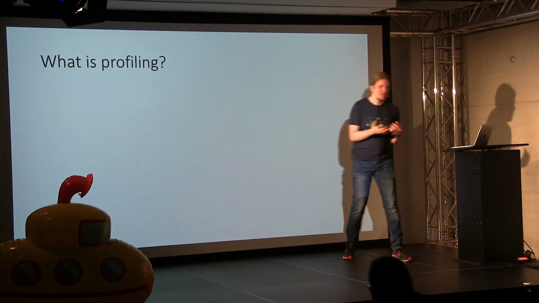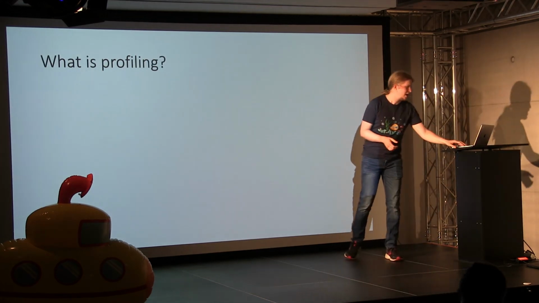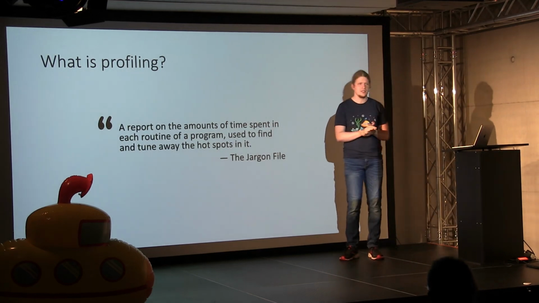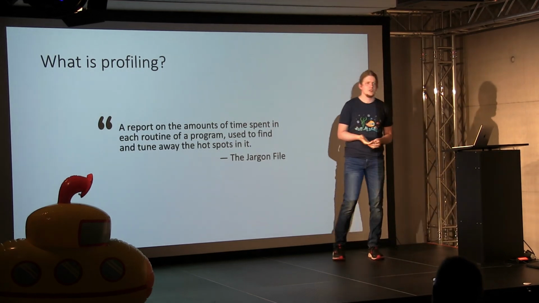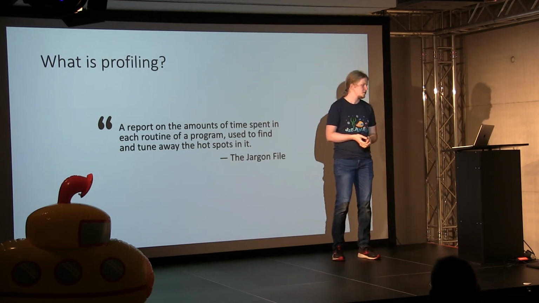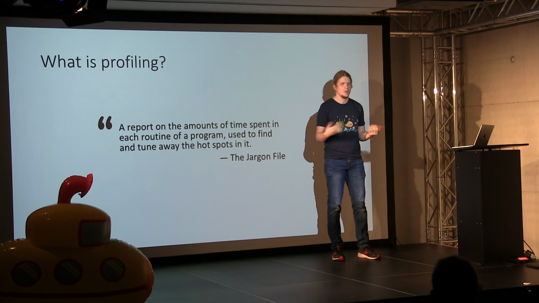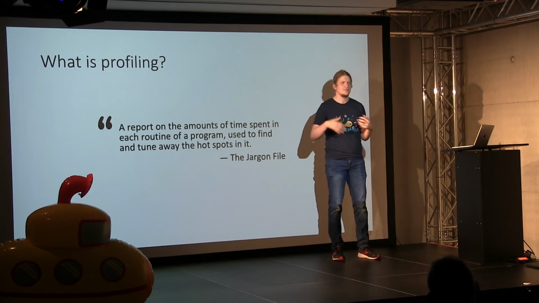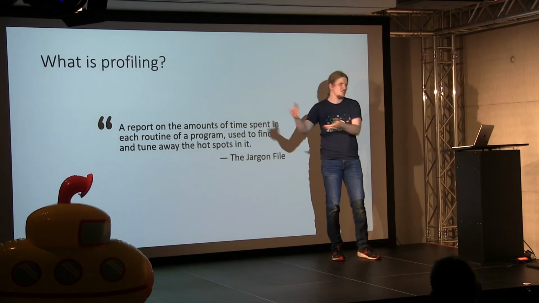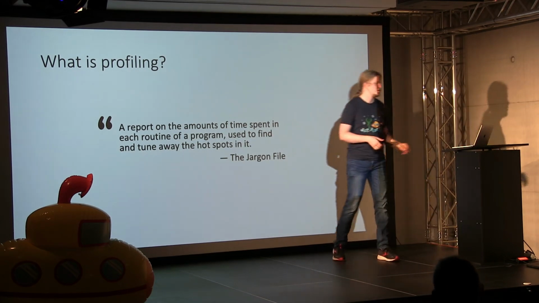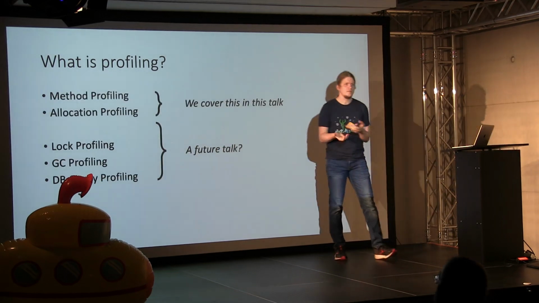So now the basic question was profiling, and I chose a definition from the Jargon File, in which someone wrote: it's a report on the amount of time spent in each routine of a program, used to find and tune a hotspot in it. That's essentially what we did before. We used it to find a hotspot, we saw it was GC, and then we thought, maybe reduce allocation. There are different kinds of profiling.